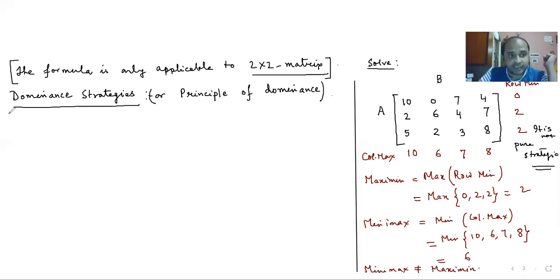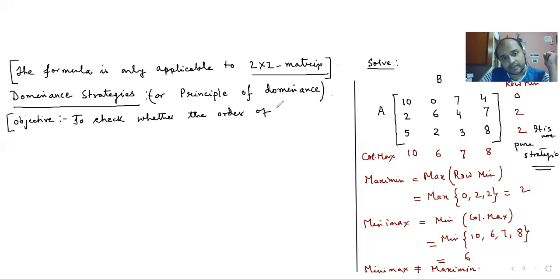What is the objective of dominant strategies? The objective is to check whether the order of the matrix can be reduced to 2 by 2.